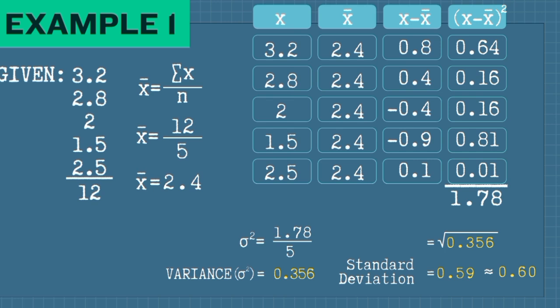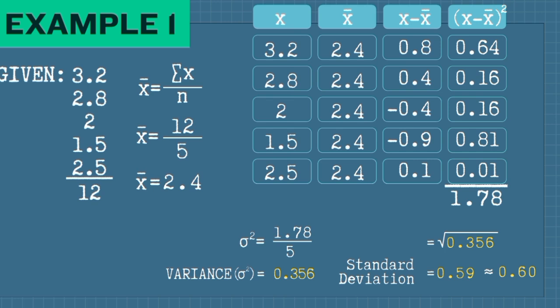To get the variance, you must subtract the mean from each of the givens. For example, 3.2 minus 2.4 is equal to 0.8, which will be squared. The squared values will be summed up, which gives 1.78.